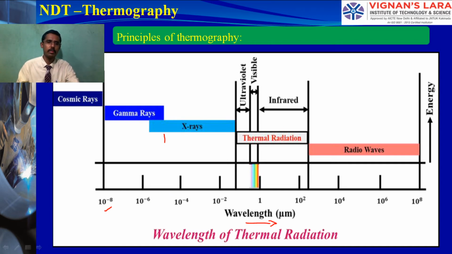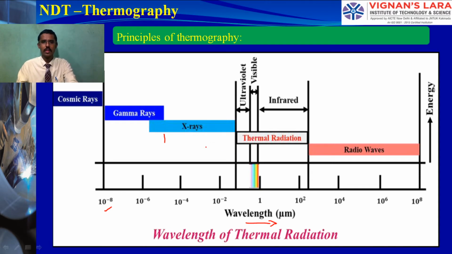Let us assume 10 to the power of minus 8 to 10 to the power of minus 5 is gamma rays. Beyond 10 to the power of minus 8, there are other very dangerous cosmic rays. Then from 10 to the power of minus 5 towards 10 to the power of minus 2 and later nearing 1, it is X-rays.